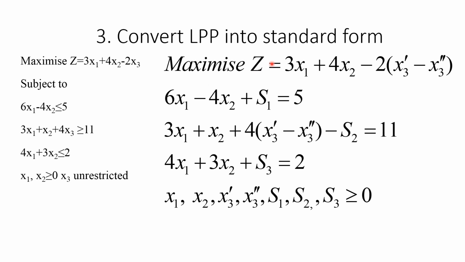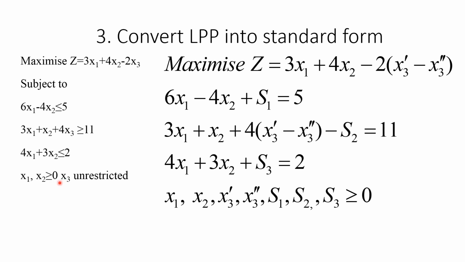So let's check this. In standard form, 3x1 plus 4x2 minus 2, and at the point of x3 we write x3 dash minus x3 double dash. The first constraint is a less than equal to type, so we introduce a variable s1. The second is a greater than equal to type, so we subtract one variable over here.